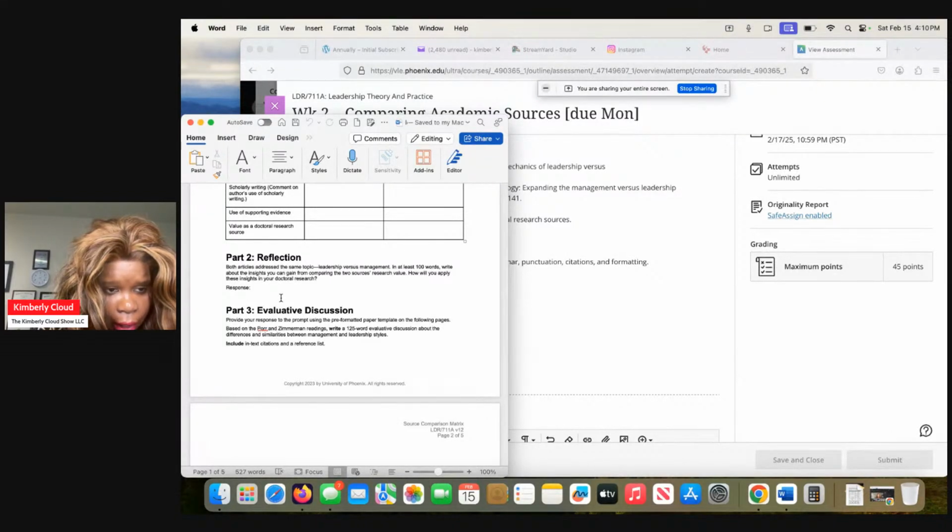How will you apply these insights in your doctoral research? Provide your response in the prompt using a pre-formatted paper template on the following pages.